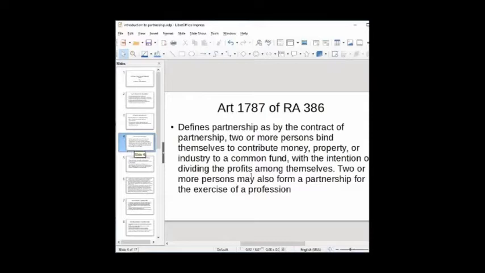In the Philippines, Article 1787 of Republic Act 386 defines partnership as: by the contract of partnership, two or more persons bind themselves to contribute money, property, or industry to a common fund with the intention of dividing profits among themselves. Two or more persons may also form a partnership for the exercise of a profession.